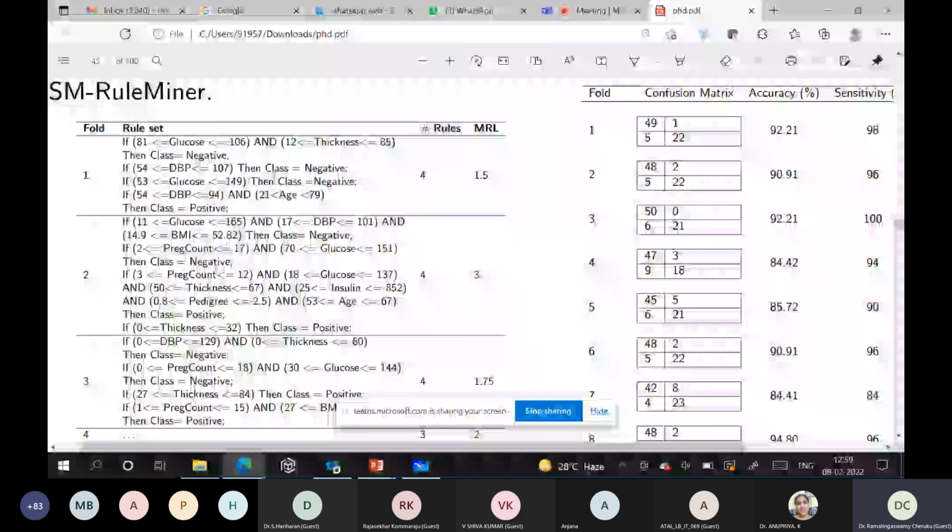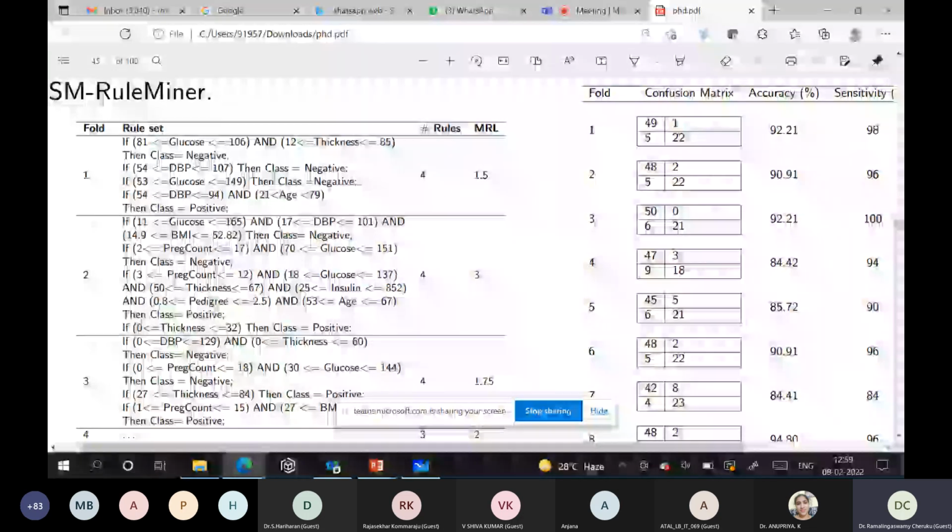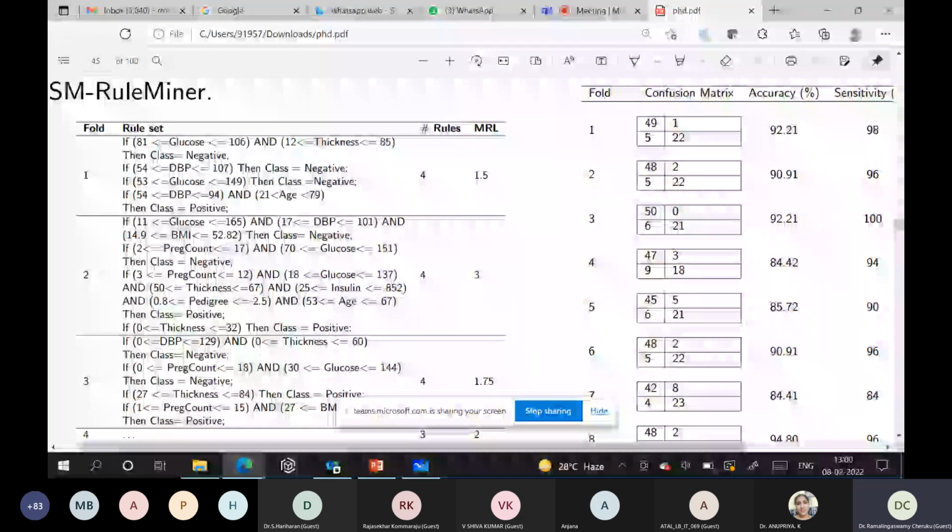These rules are somewhat more interpretable than your ANN-based classifier, but we can still increase their interpretability by introducing some fuzziness, or some kind of categorical values, to these features, so that the readability, understandability, or interpretability of these rules will increase.